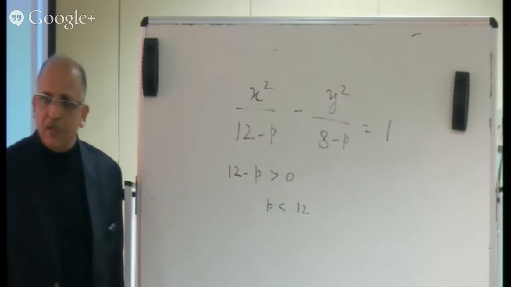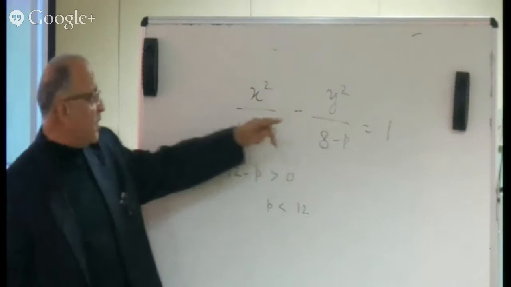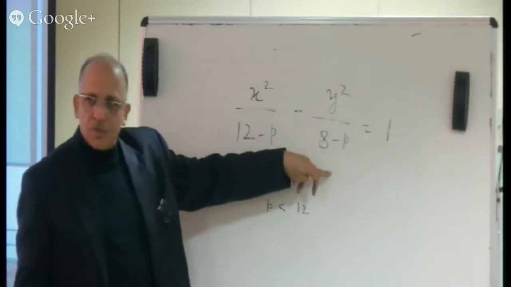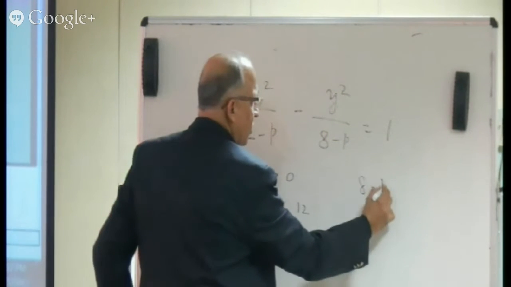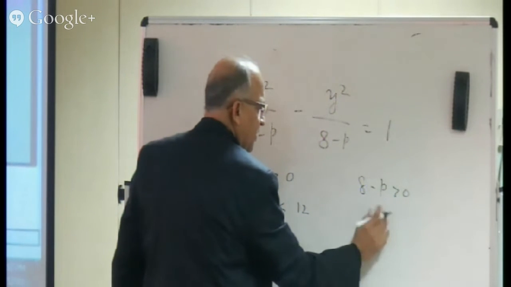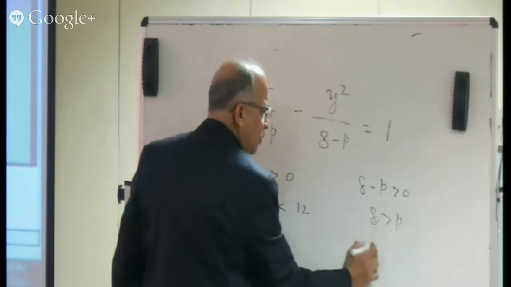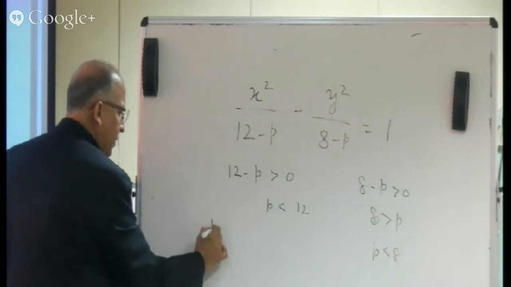You want this negative sign to be retained, because the equation you want is x square upon a square minus y square upon b square equal to 1. So you want 8 minus p also to be positive. So 8 should be greater than p, or I can write p should be less than 8. So you can combine these two things.